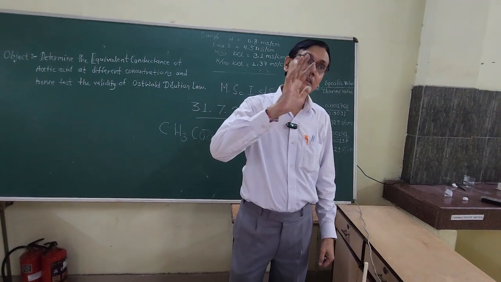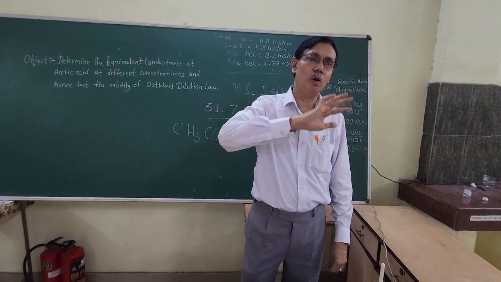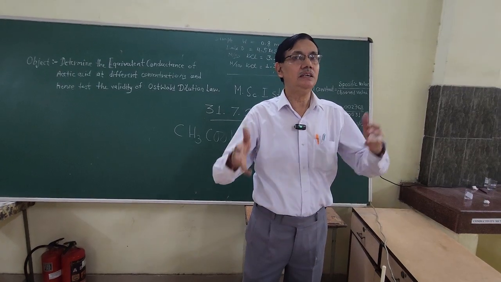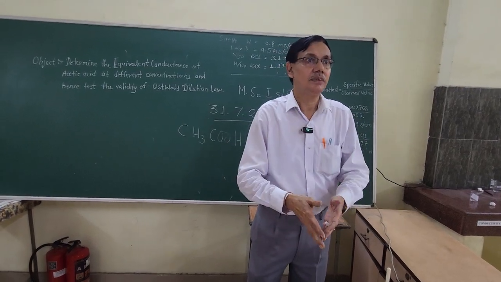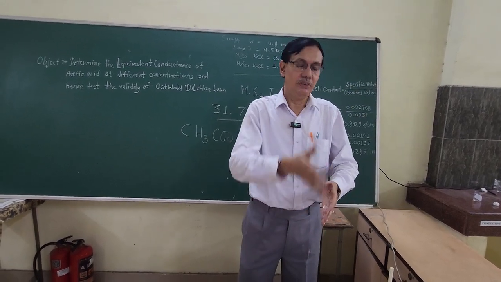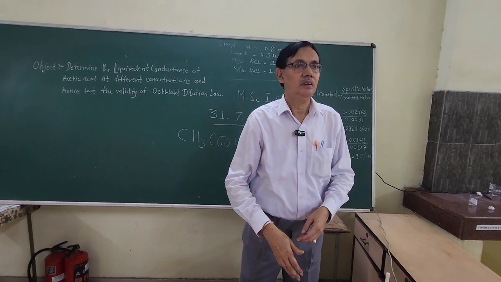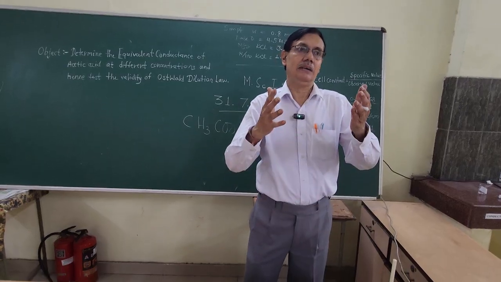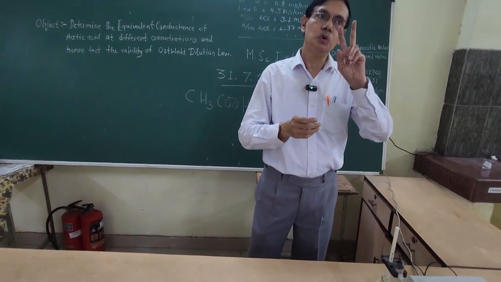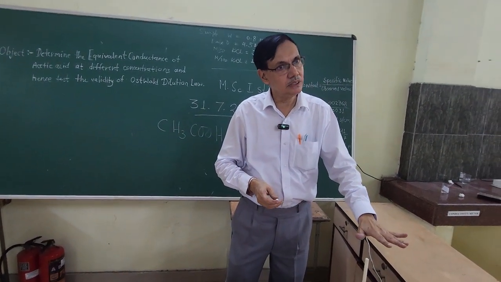In B.Sc classes you are all aware there is a very popular question: what is the effect of dilution? If you dilute the solution, whether specific conductance decreases, or what about the equivalent conductance? So there are two parts. One part is the cell constant determination.